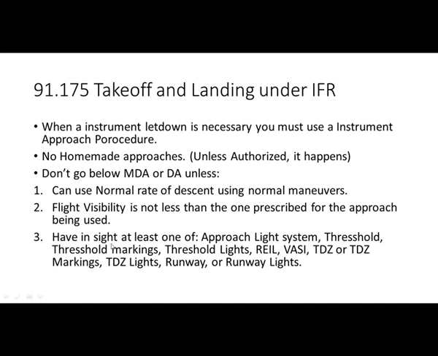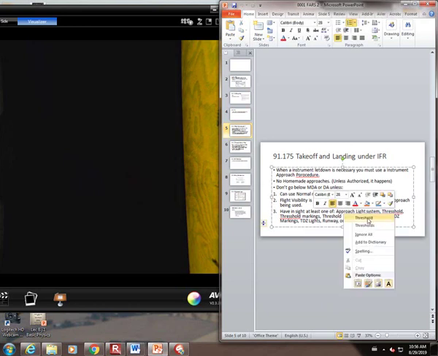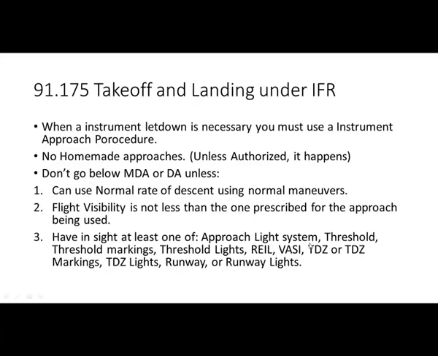You need to have in sight at least one of these: the approach light system, the threshold, the threshold markings, the lights, the runway end identifier lights, the VASI on the side, the touchdown zone, or the markings or lights of the touchdown zone, where you can see the runway.